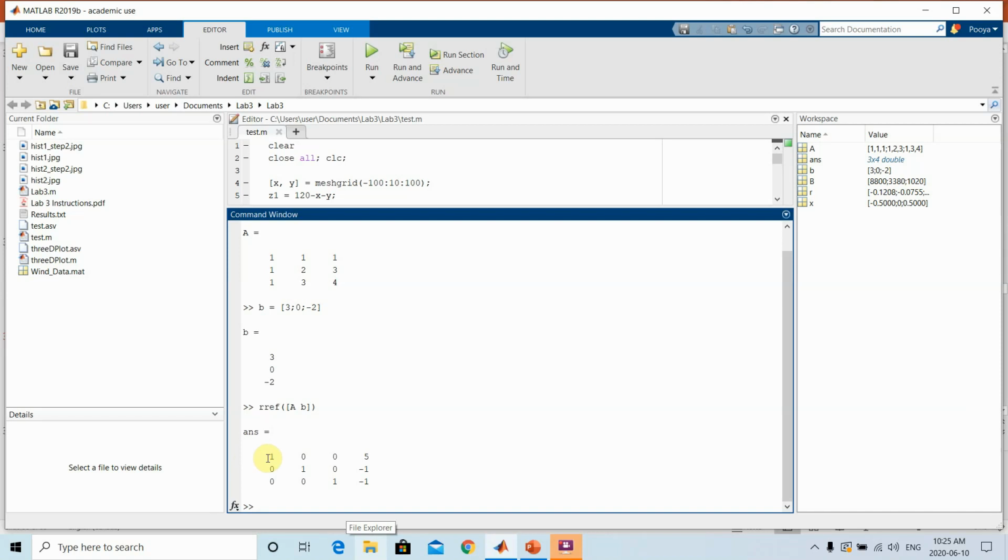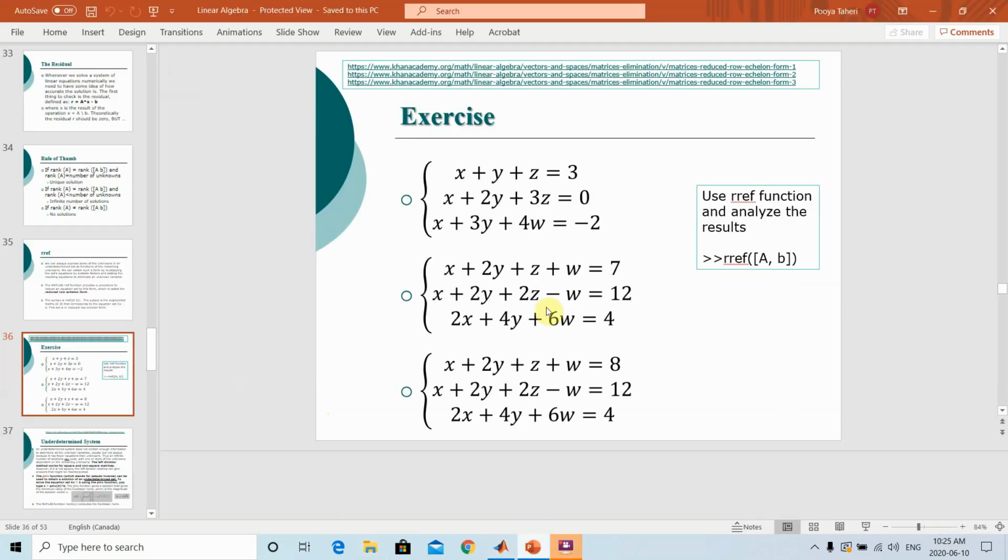Now, this one basically says that x is equal to 5, y is equal to -1, and z is equal to -1, right? So our system has a unique solution. So using the rref function, using the reduced row echelon form, we can find the solutions of our matrix equation. Let's look at another one.